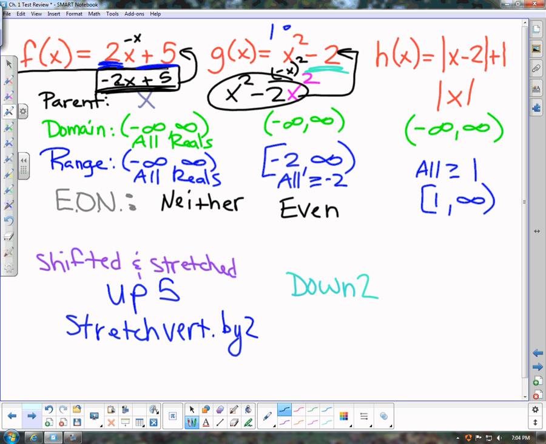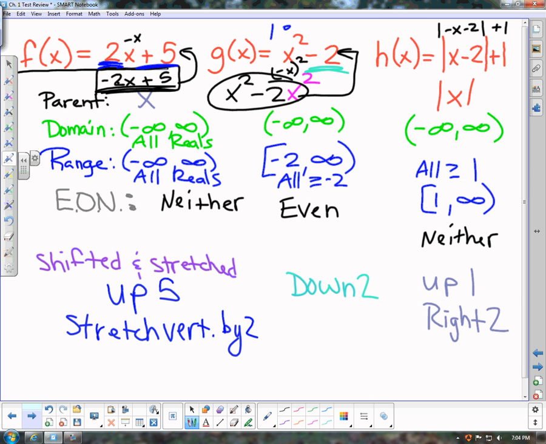Even, odd, or neither. It is going to be neither, because when you put a negative x into this, you get this, plus 1. Not exactly the opposite, not exactly the same. And our shifting and stretching, in this particular case, it would be up 1 for the plus 1 and right 2.